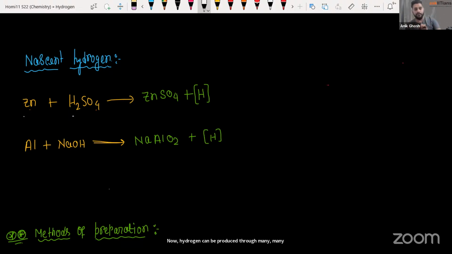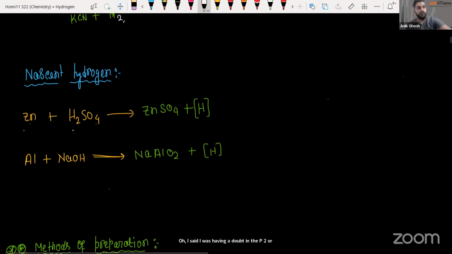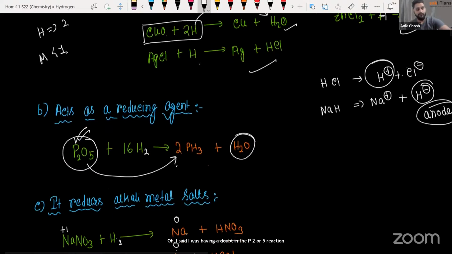Yes, Pratyush? Sir, I have a doubt in the P2O5 reaction. If H is acting as a reducing agent, it will have a positive charge, right? So why is H on the right hand side? When something is acting electropositive, it is on the left hand side.